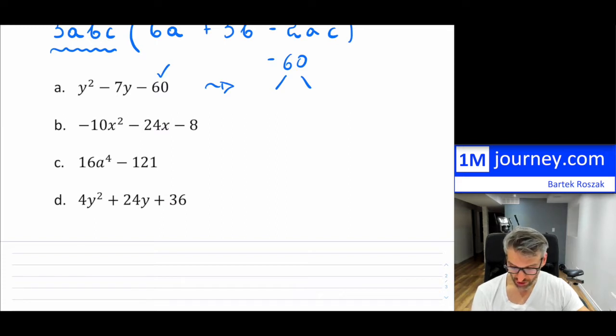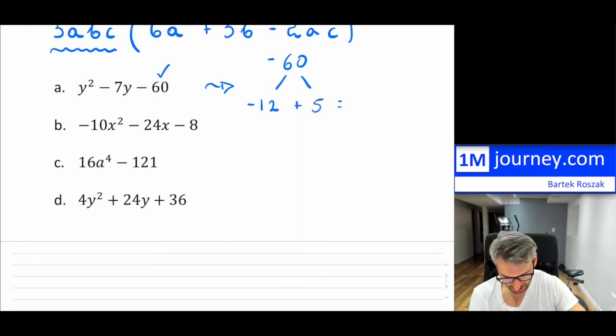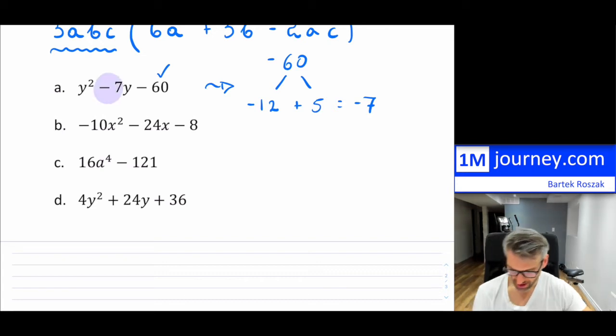I'm just looking because I need -7 when I add them up. I guess that's going to be 12. So -12 plus 5 is going to give me -7, which is the -7 there. And then indeed 12 times 5 is 60.